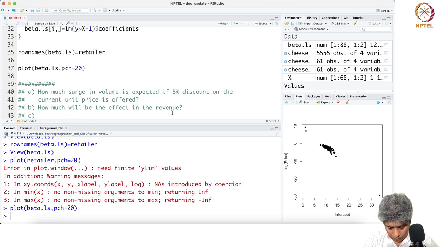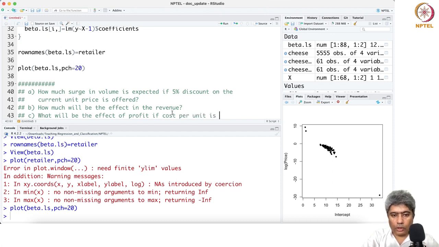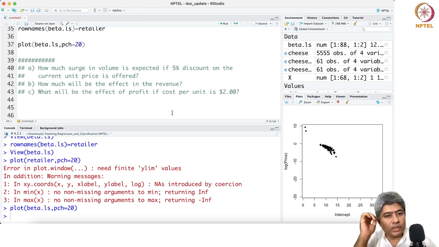And what will be the effect on profit if cost per unit is $2? So these are the three questions we are going to discuss.